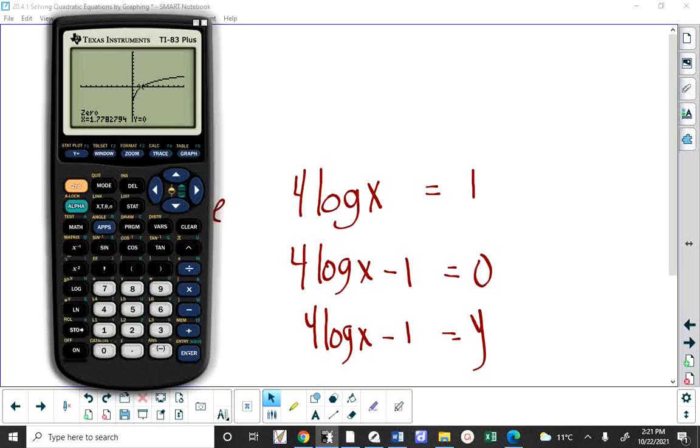So that's the answer. So I'm going to try this now. I'm going to go, here's my x. I'm going to go 4 log of that number. If I can get it, 4 log of that number. Okay.